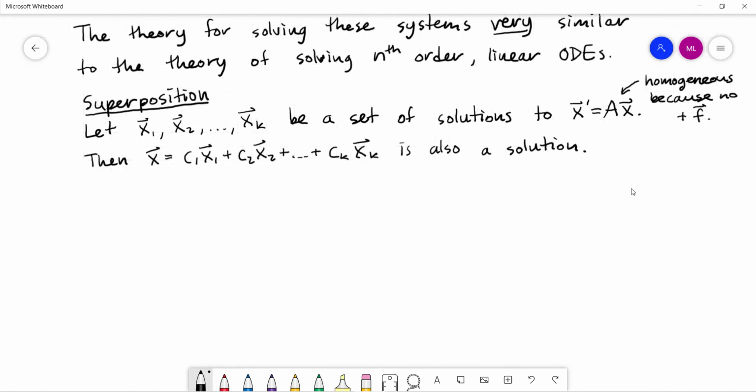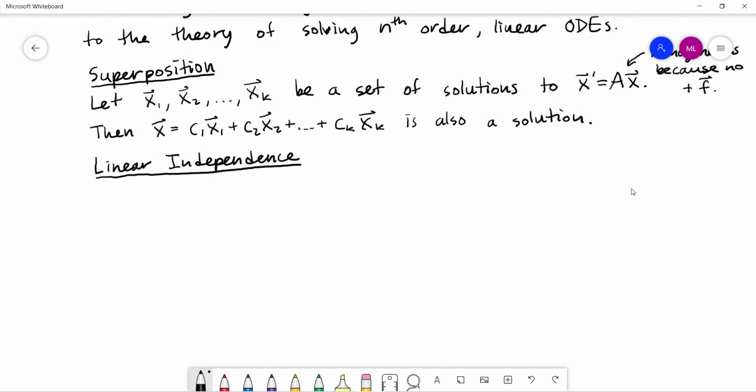The other one had to do with what we called linear independence. We talked about this back then. This is going to come up again. So linear independence. Same thing. Let's let this list x1, x2 up to xk.